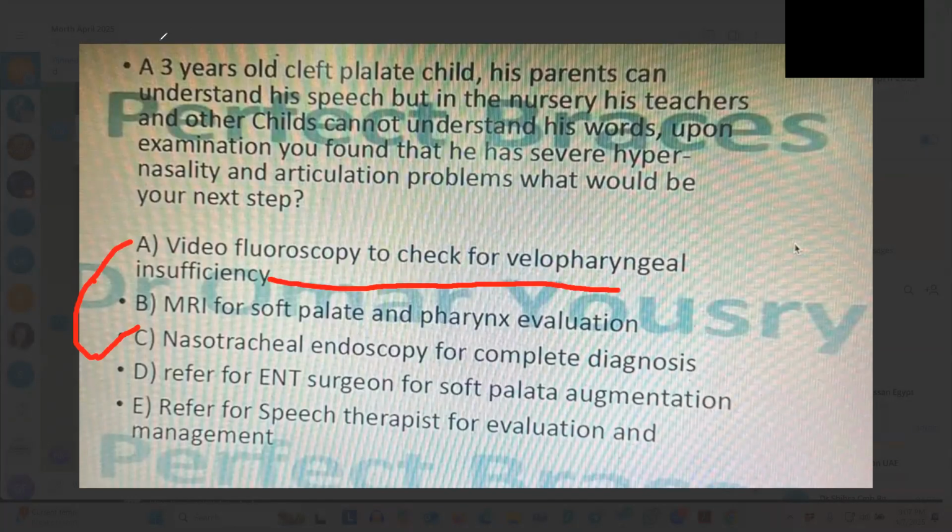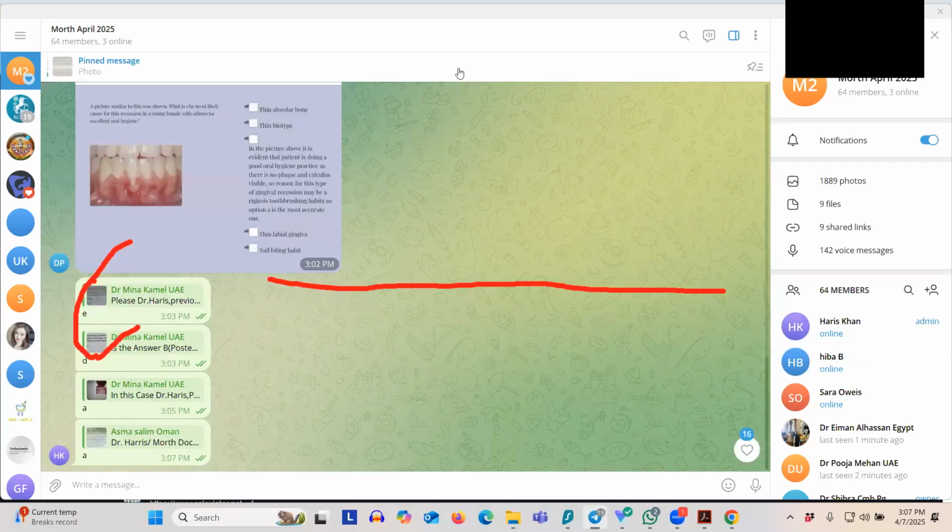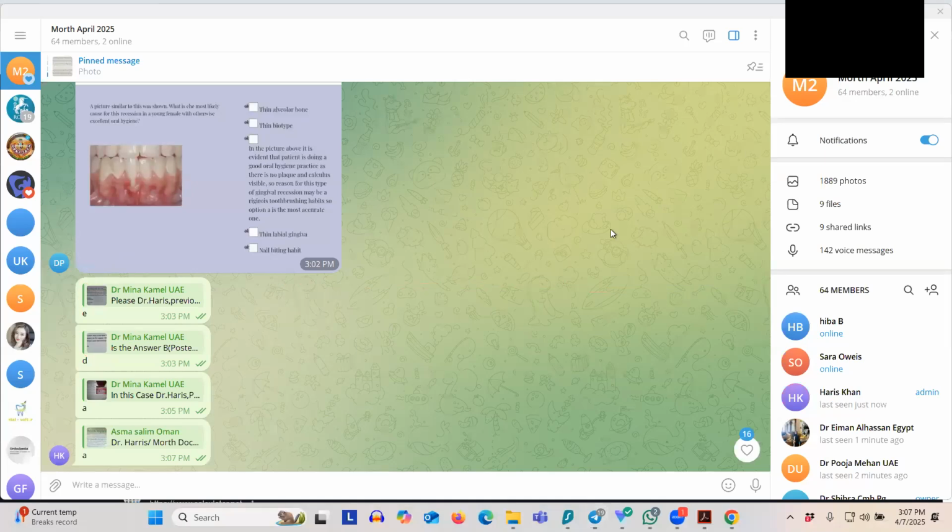So if both are given, I will go with A. Sir, if the word severe were not used, then we would refer to the speech specialist. Yes, if it's mild, you refer for speech therapy. If it's severe, then you do this evaluation for the insufficiency and the patient might need surgery.